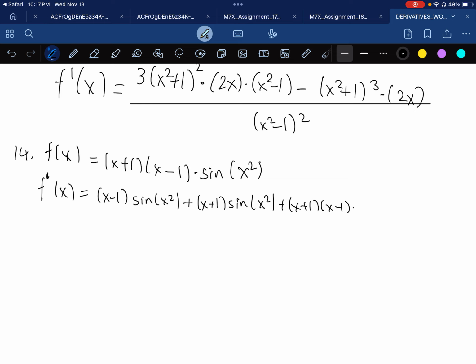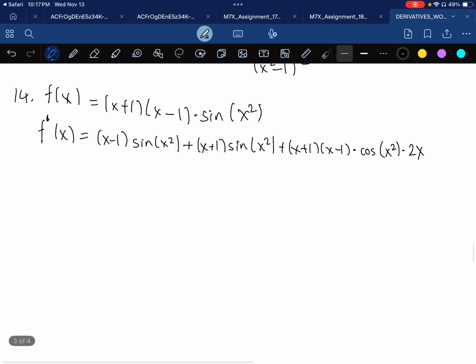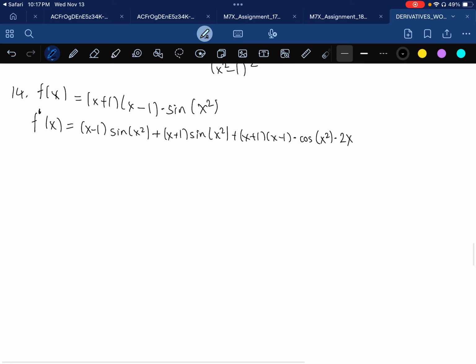And the derivative of the last one is, well, the derivative of sine is cosine, and then multiply by the inside. But here you kind of see how the expanded product will work, right? So that's problem 14.